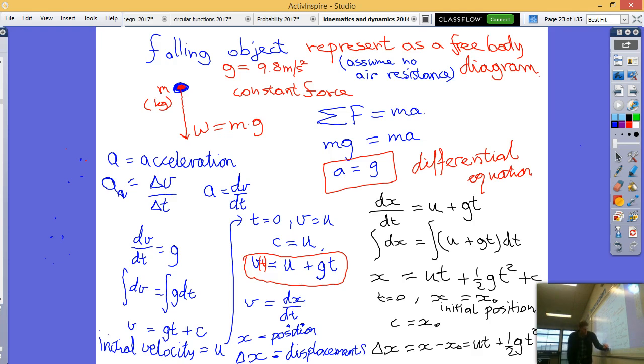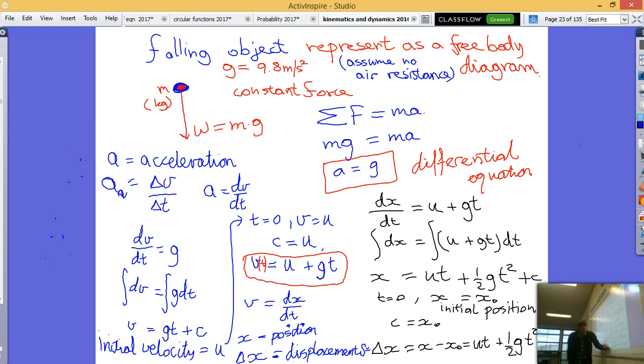Sometimes we call this a different pronumeral, s, the common pronumeral that represents a change in position. That's your displacement. x is a position, whereas s is a displacement. Does that make sense?